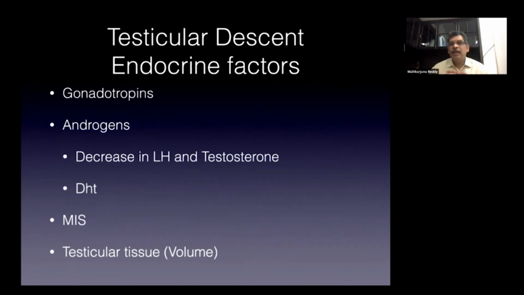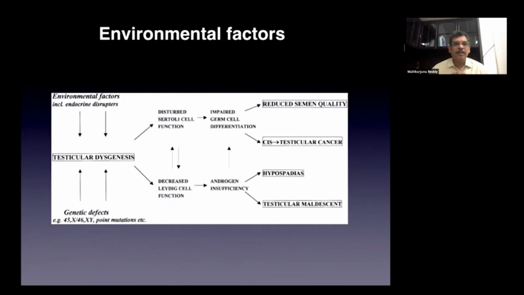Then came a bigger thing in terms of environmental factors. There are a lot of environmental factors, including the endocrine disruptors. Where do these environmental factors come from? They come from pesticides. They come from plastics. From the plastics you get biphenyls and bisphenols, and they are attributed to testicular dysgenesis and also decrease in Leydig cell function, androgen insufficiency, hypospadias, testicular mal-descent.